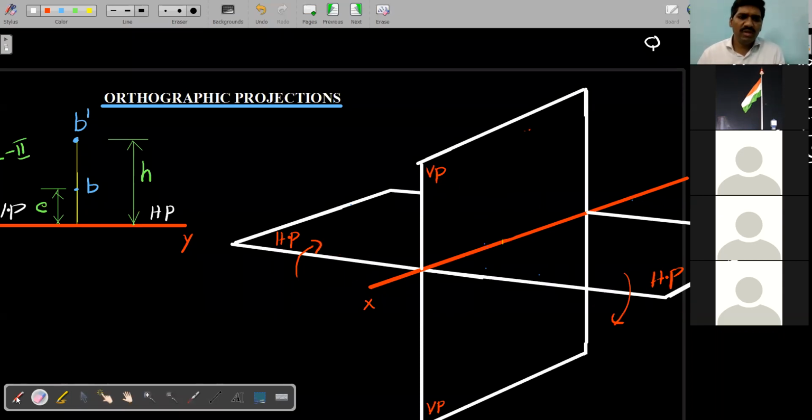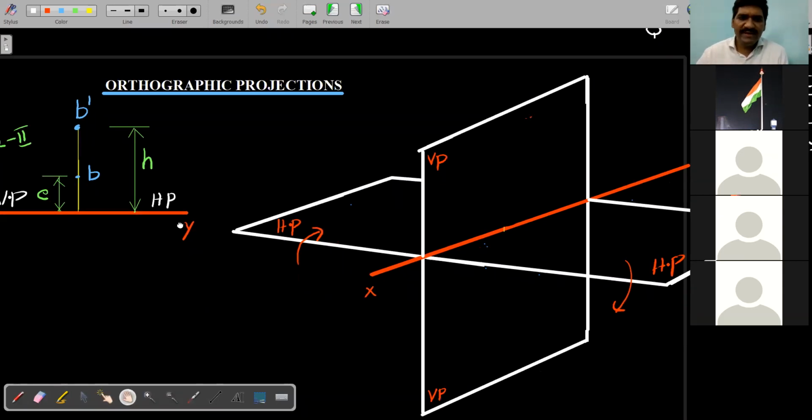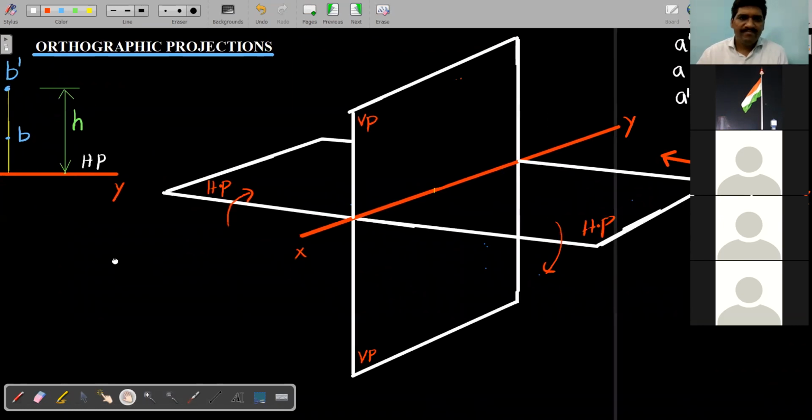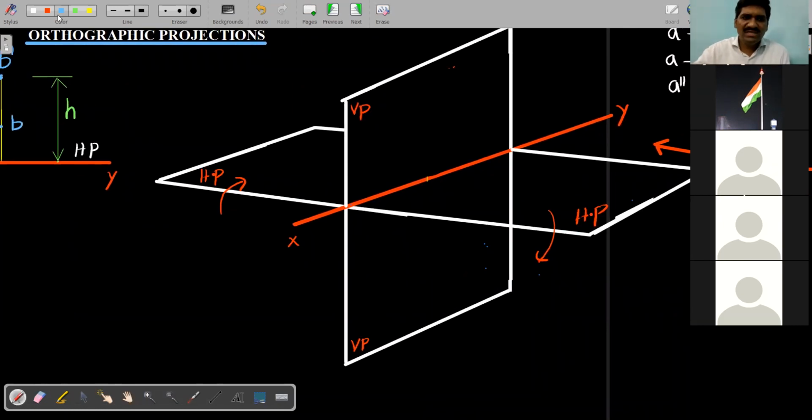Okay, all of you, now what is the position here clearly? Please tell me. Third quadrant means what? What is the position? For example, let this point be C, and let this be the distance x.